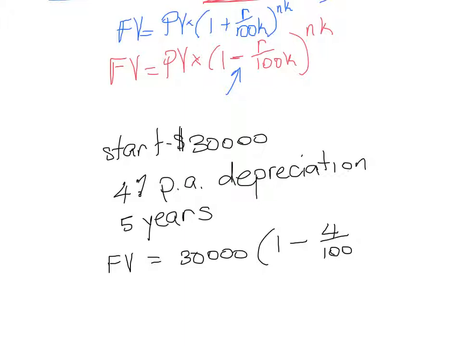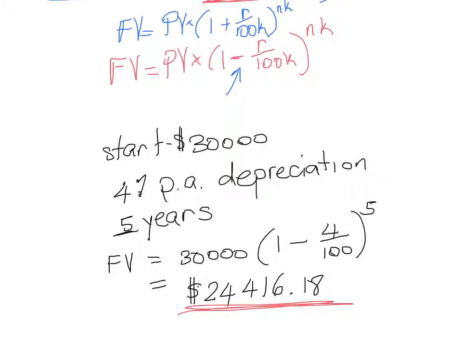And it didn't say it was compounding monthly or semi-annually or anything, so it's just 100 raised to the number of years, so raised to the 5th power. And when you type that all into your calculator, you should get 24,416.18. So in 5 years, that should be the value of your car after depreciation.